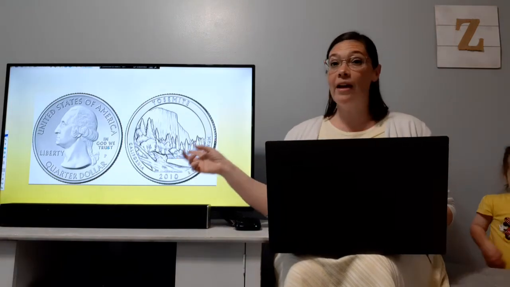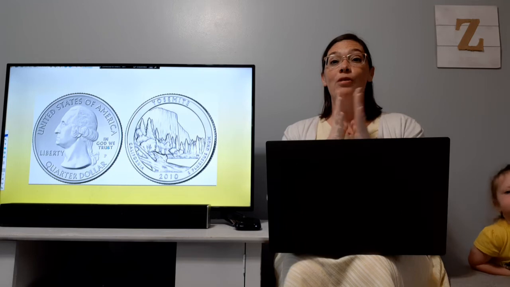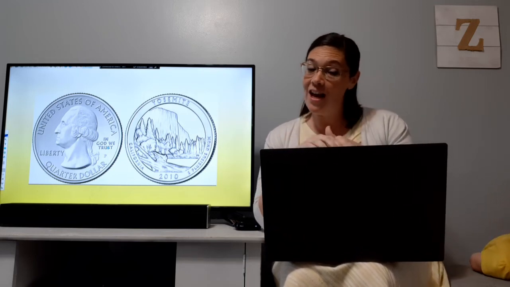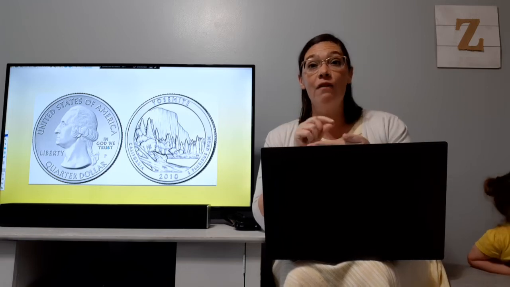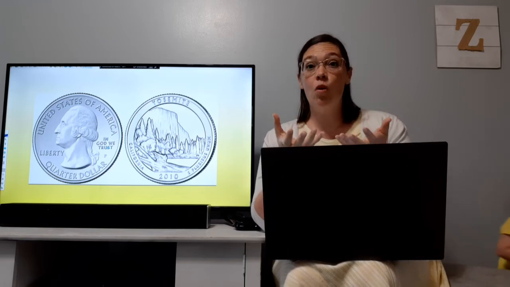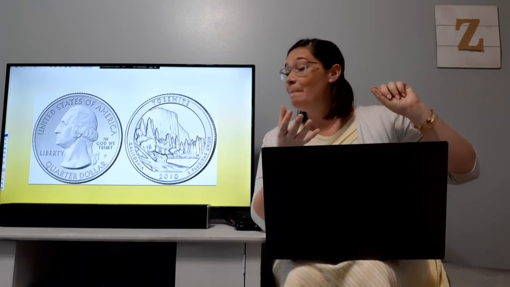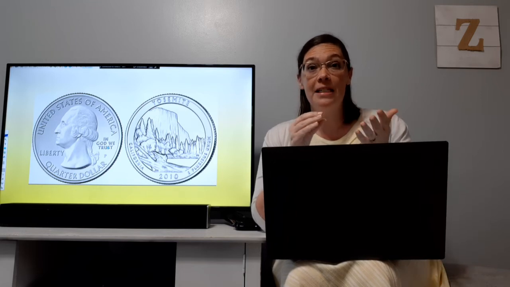So they started making new quarters, and they added quarters for every single state. Now this is a fun challenge, especially if you have some quarters, is that you can look on the back of your quarter and it's going to have, if it's one of the old quarters, I think, an eagle on it. But if it's a new quarter, it'll have something from a state.